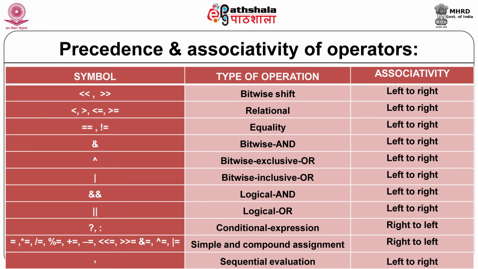Then bitwise shift, relational, equality, bitwise AND, logical OR, conditional expression, sequential evaluation. You can see the associativity from left to right or right to left, and you can see the symbol along with precedence.